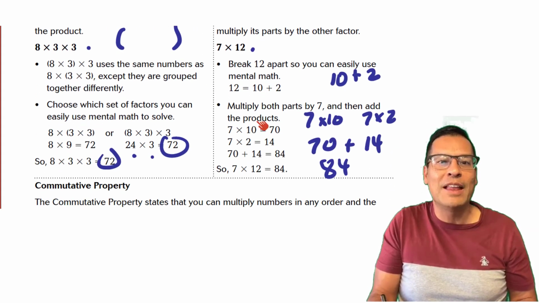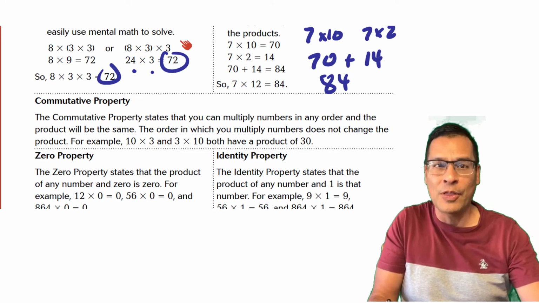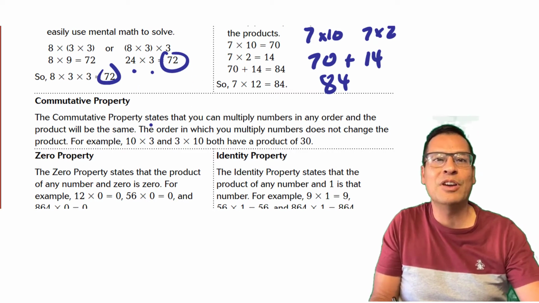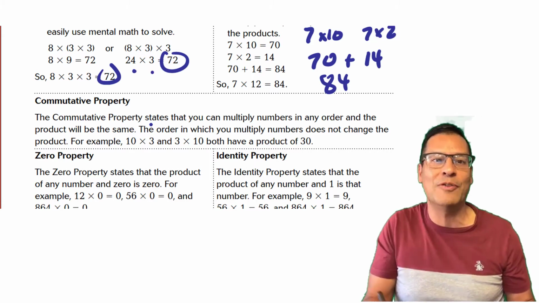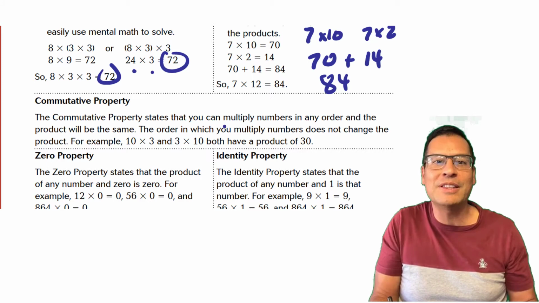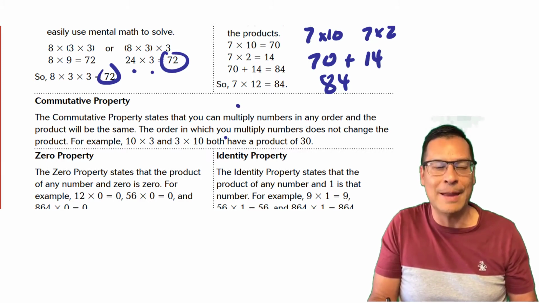Okay, so let's look at the third property here. The third property is called the commutative property. Now, the commutative property we used in addition before, but let's use it in multiplication and see what it means. The commutative property says that you can multiply numbers in any order and the product is going to be the same.